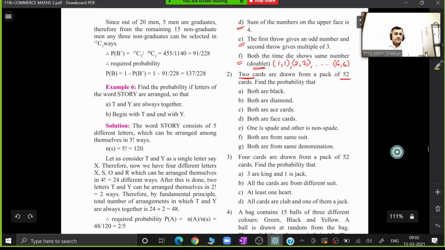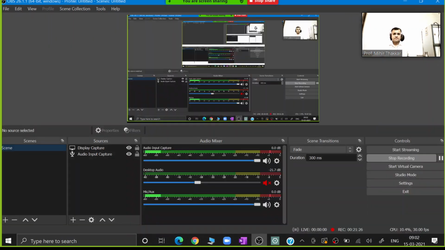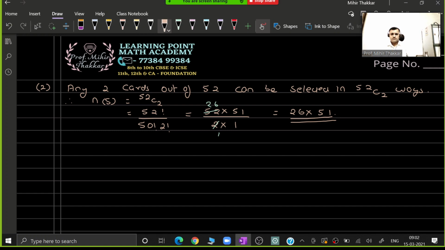Okay, so the first case, it's telling us A is the event that both are black. So what do we get in this? I consider my event A saying that let A denote the event that both the cards are black cards.